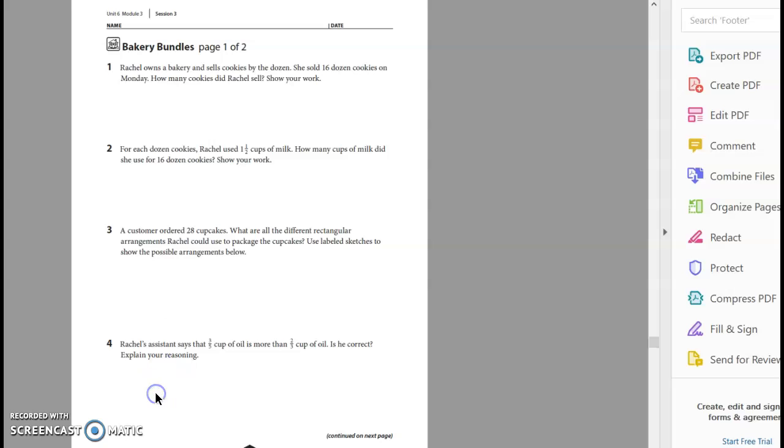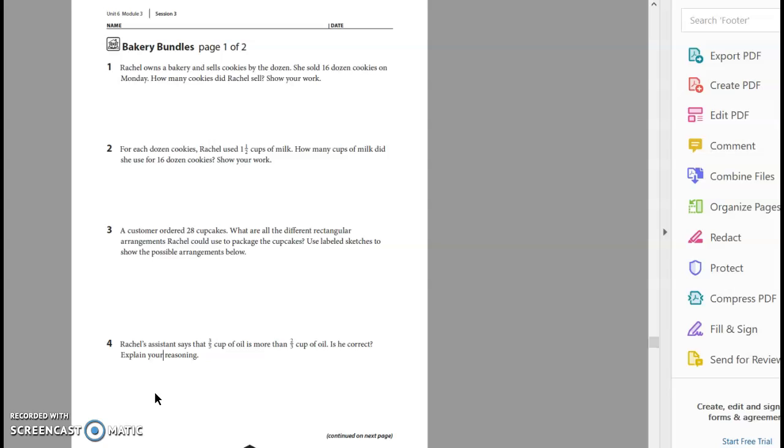Number 4. Rachel's assistant says 3/5 of a cup of oil is more than 2/3 cup of oil. Is he correct? Explain your reasoning. There are many ways you could explain your reasoning. You could get equivalent common denominators and see which one is larger.